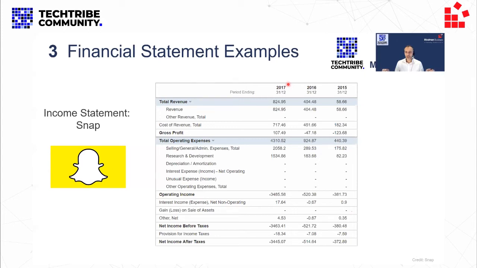Now, in the early stages of earning some revenue, you might be losing money on every unit of product or service. And that's especially true when it's a service business where you have a big customer acquisition cost.